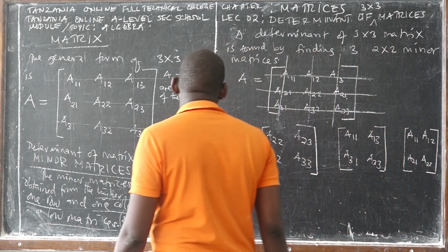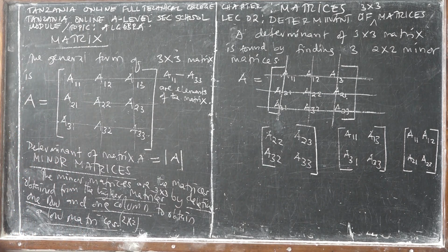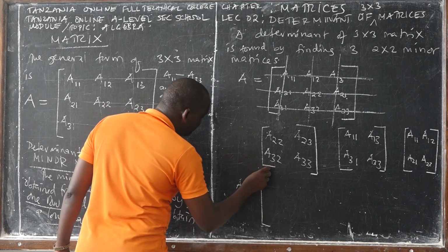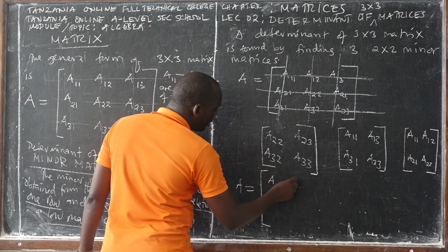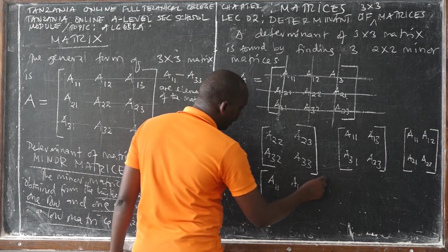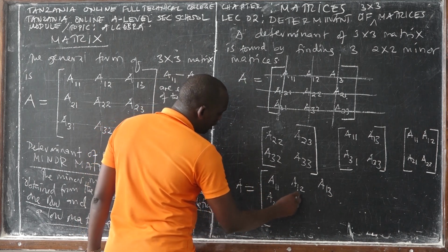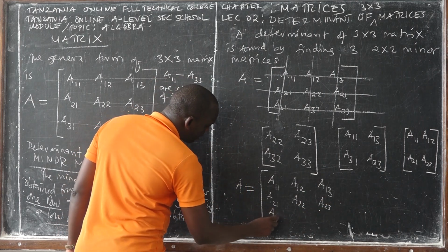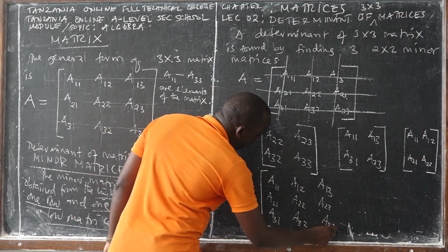So if it's clear now, let us use this understanding of minor matrices to find the determinant of our matrices. So suppose that the given matrix A is equal to A11, A12, A13, A21, A22, A23, A31, A32, A33.